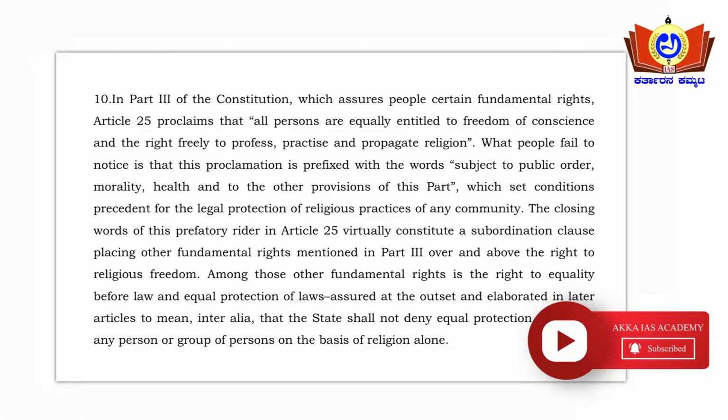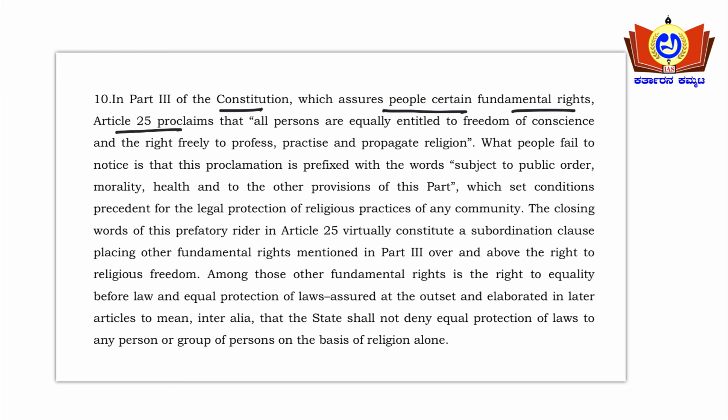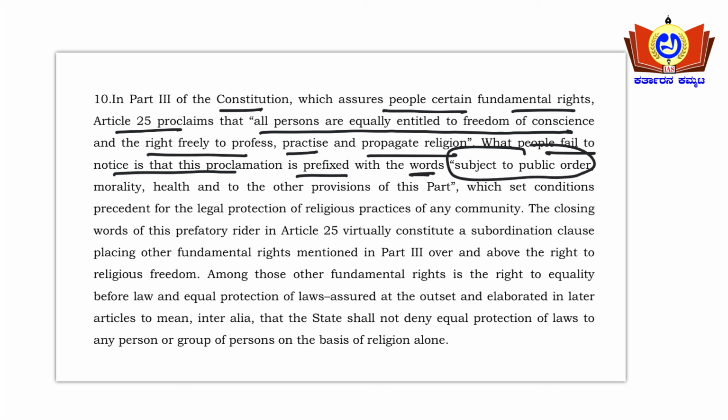In part 3 of the Constitution, which assures people certain fundamental rights, Article 25 proclaims that all persons are equally entitled to freedom of conscience and the right freely to profess, practice and propagate religion. What people fail to notice is that this proclamation is prefixed with the words subject to public order, morality, health and to other provisions of this part, which sets conditions precedent for the legal protection of religious practice of any community.